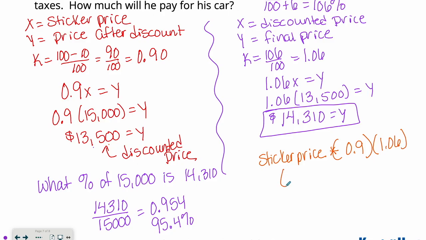And if you do 9/10 times 1 6/100, you get 0.954. So when I'm doing a percent of a percent, I can multiply those two percents together and find the final percent.